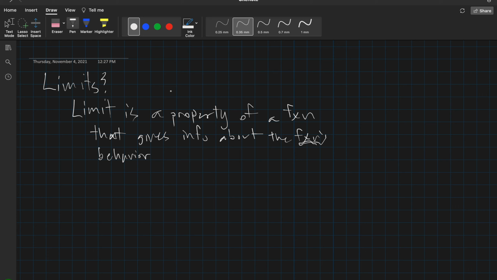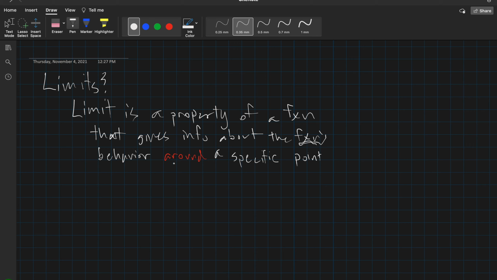And now here's a keyword: around a specific point.